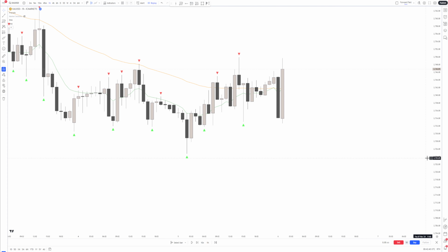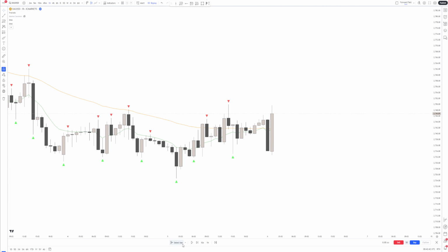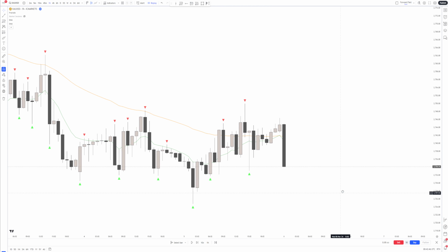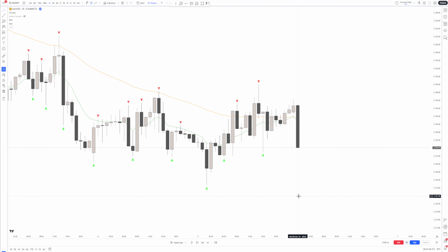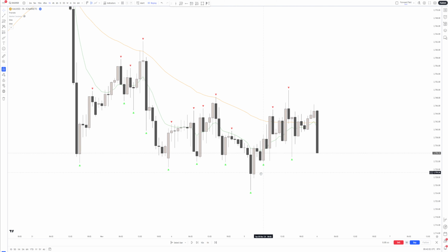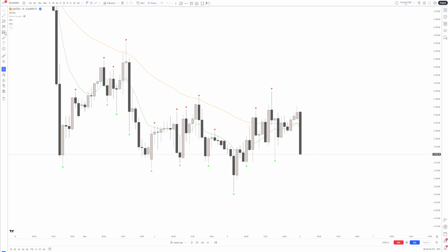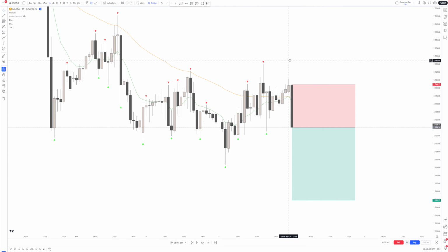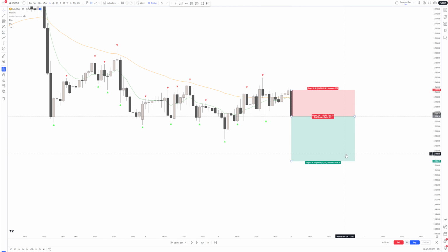At this moment in time, you can see that price has in fact broken below, and at this point you're thinking, okay, the market may be bearish, so you might have opted to take a sell. Now you have to understand that this is quite a large candle.